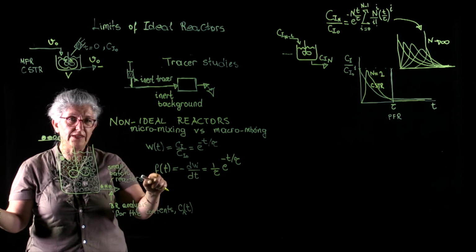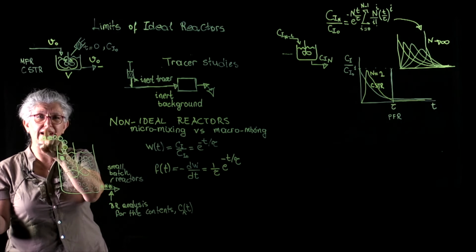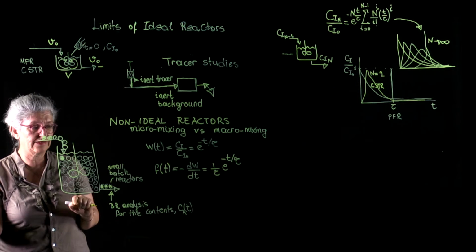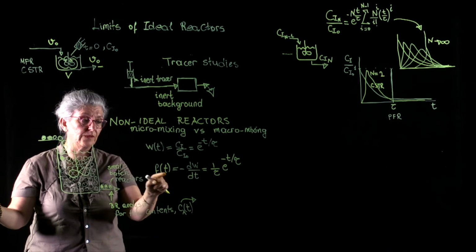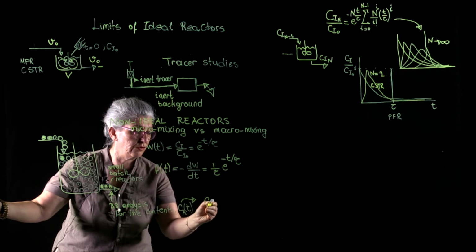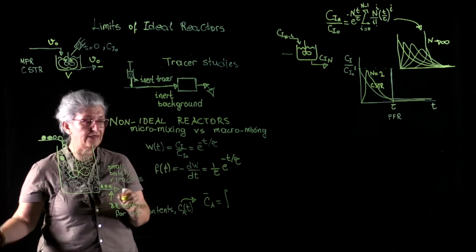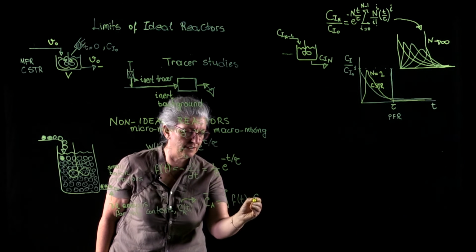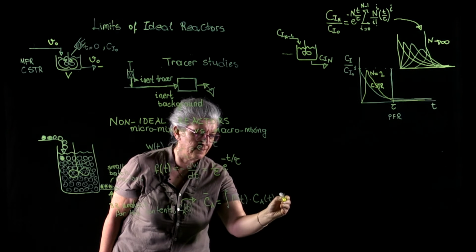And this f of t is going to give me the distribution of the average time that each of these fluid elements can spend within the reactor. So if I take this concentration and convolute it with the distribution function of these fluid elements, that is going to give me the average concentration within this reactor: the integral of f of t times CA of t dt for all times.